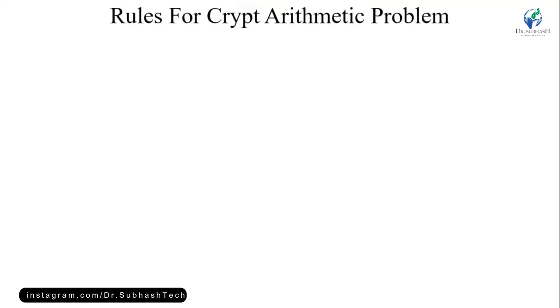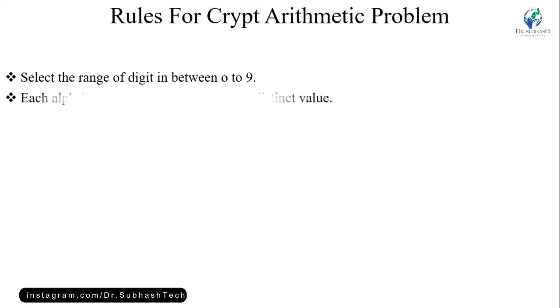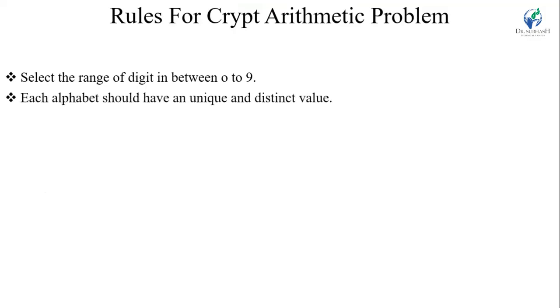Rule 1. We have to select digits in the range 0 to 9. Rule 2. We have to apply a unique and distinct value to every alphabet. It means if we have selected the value 7 for one alphabet, we cannot select 7 for any other alphabet.